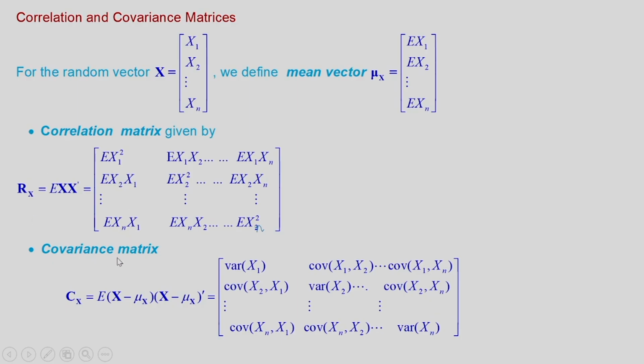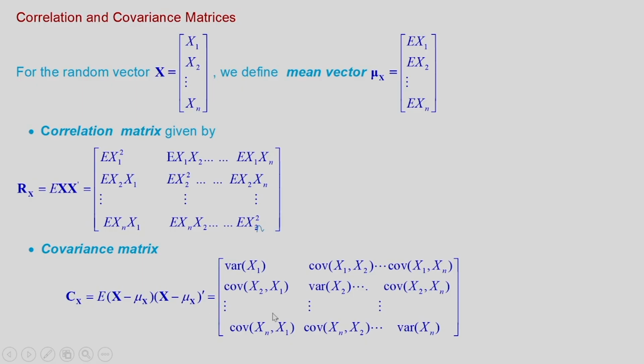Similarly, we can define the covariance matrix. Again, to get the matrix, we have X minus mu x vector into X minus mu x vector transpose, and then we take the expectation of the individual terms.